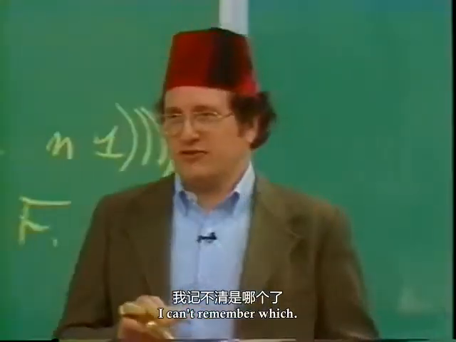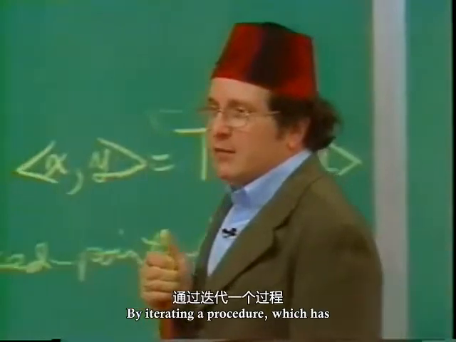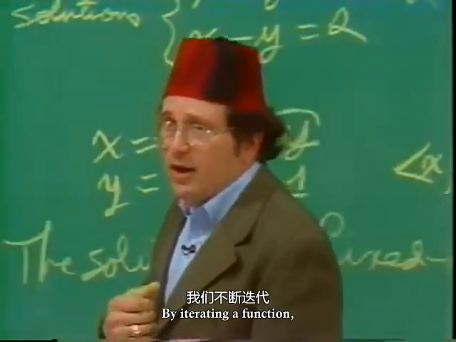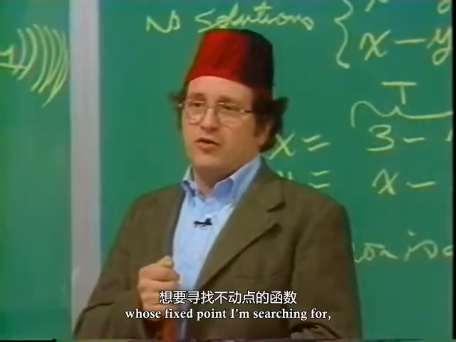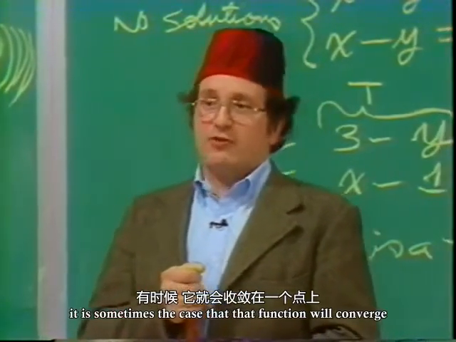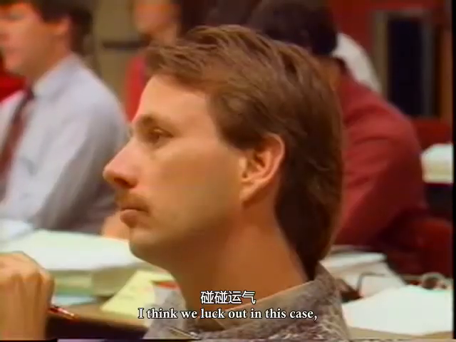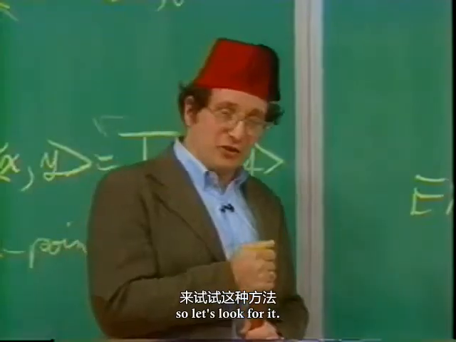I can't remember which. Okay. By iterating a function whose fixed point I'm searching for, it is sometimes the case that that function will converge and produce me the fixed point. I think we luck out in this case. So let's look for it.